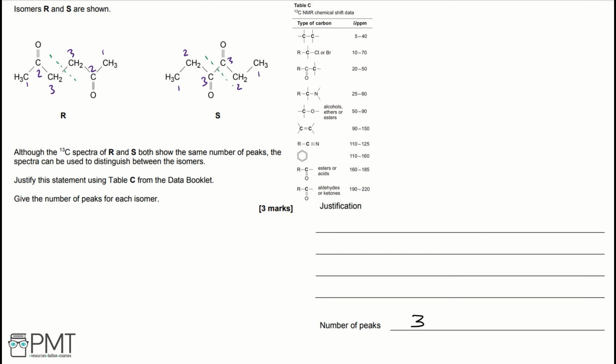Now moving on to justification. There are a few different justifications to get the 3 marks for this question. The justification really focuses on looking at the carbons and how they're different in R and S. So in R, you have 4 carbons next to the carbonyl group, whereas in S, you only have 2 carbons next to the carbonyl groups.